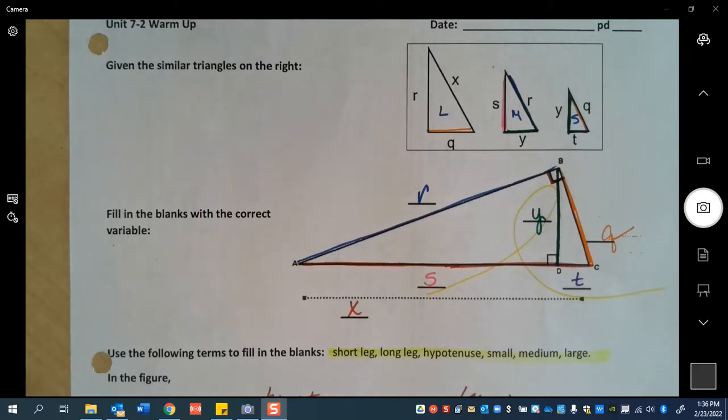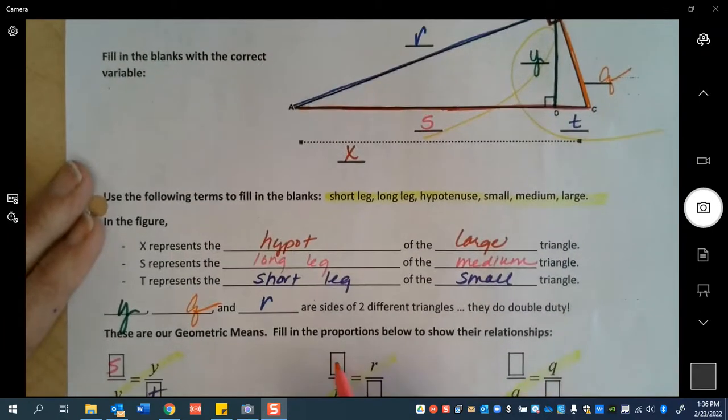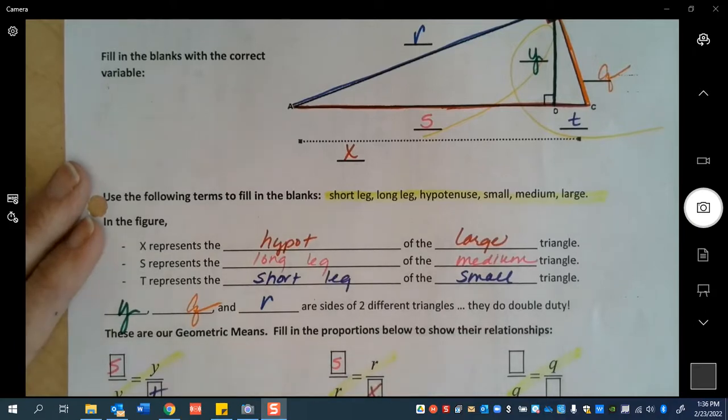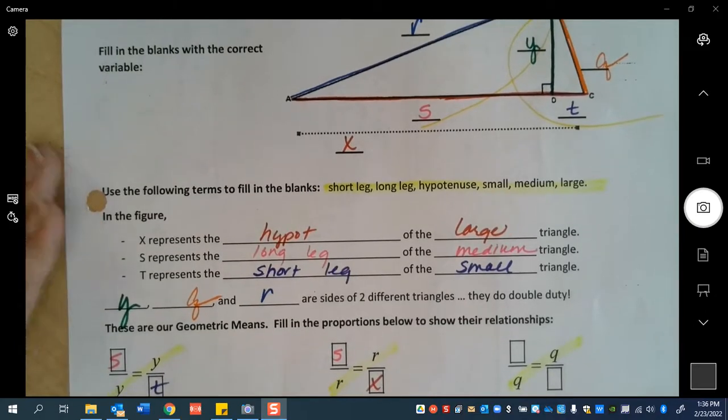When we fill in r, sometimes we like to talk about a shortcut. We say r is the geometric mean, and listen to the verbiage because maybe that'll help you. R is the geometric mean between the piece that it's touching and the whole length. See how r and s are touching?